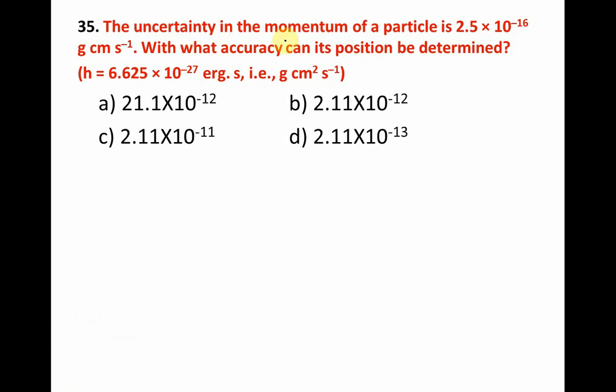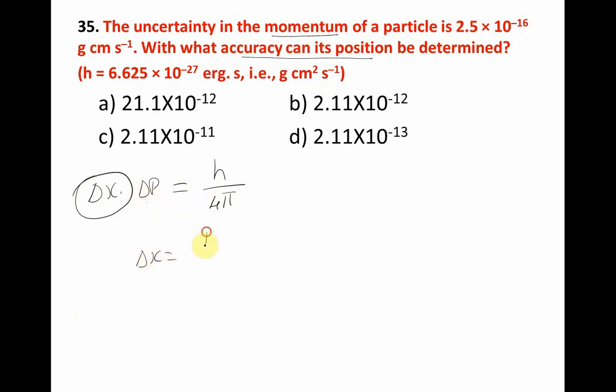The uncertainty in the momentum of a particle is given. What is the accuracy in its position? Delta x into delta p is equal to h divided by 4 pi. I need to calculate the delta x value because delta p is given.